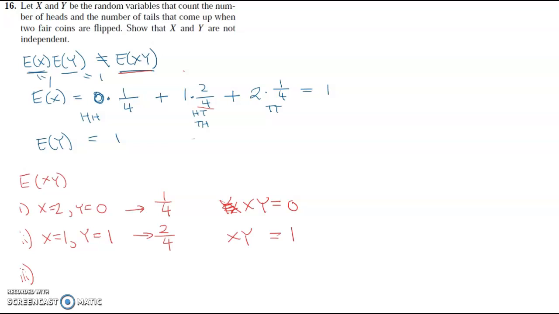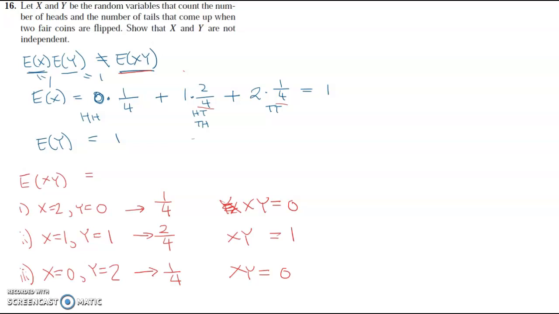We have the last case. This could be when x is 0 and y is 2. So again, the probability for this, as we have seen, is going to be 1 over 4, and x times y is going to be 0.